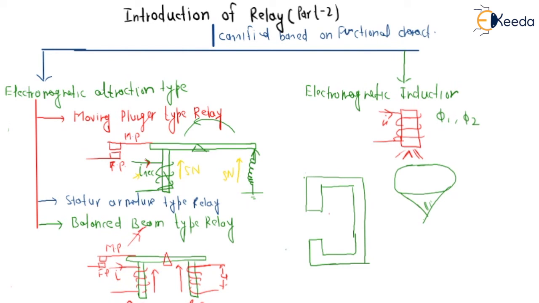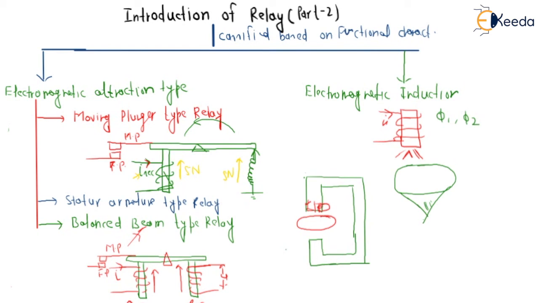It needs magnetic flux, so we split this pole, cutting it and making it a ring, as you have seen in the generator. This will be applied phi 1, and this will be applied phi 2.